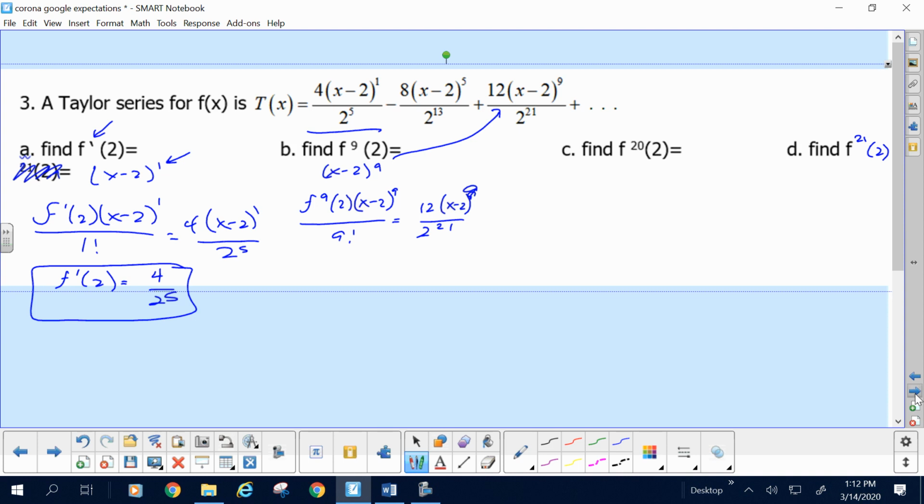The x minus 2 to the ninth can be divided out, so the ninth derivative at 2 then is 12 times 9 factorial over 2 to the 21st. Whatever that might be. All right. The 20th derivative.